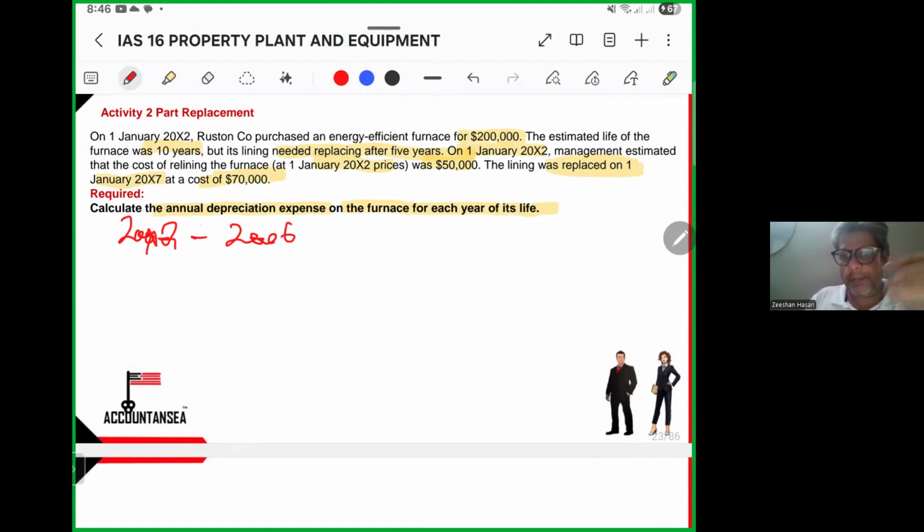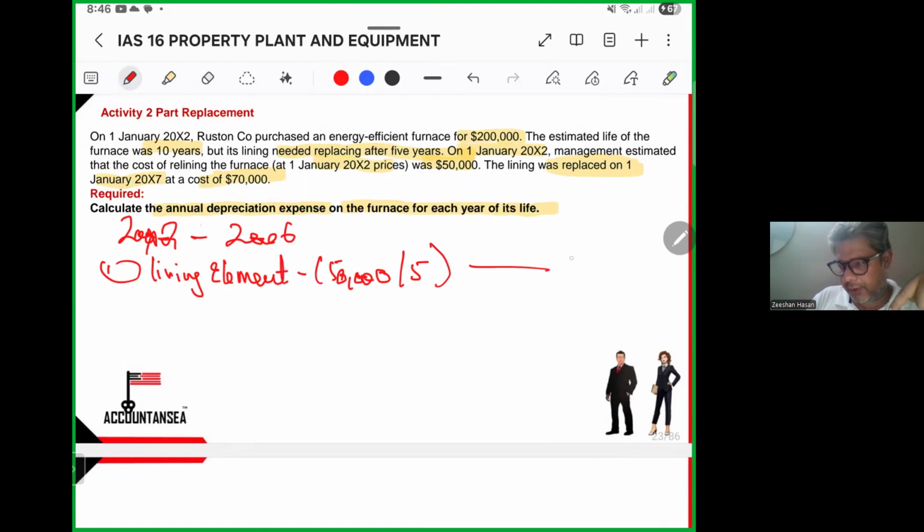Depreciation is calculated separately for two components. And what are the components? First, we have the lining element, 50,000 divided by 5 years. So it's 10,000 per annum.